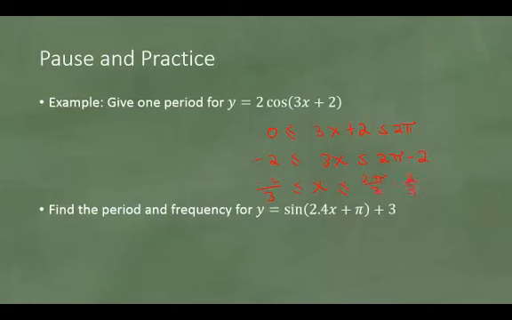Right? We just did that. Find the period and frequency for y is equal to sine of 2.4x plus 3. Remember, the period has to do with whatever the number is in front of x.